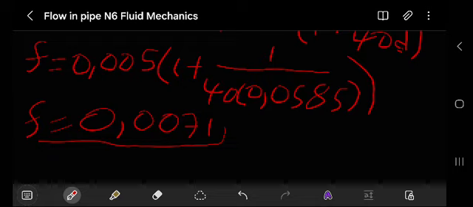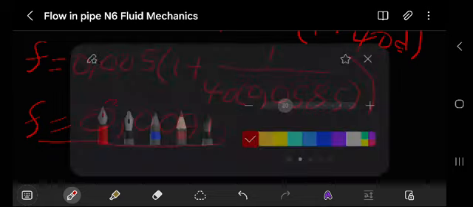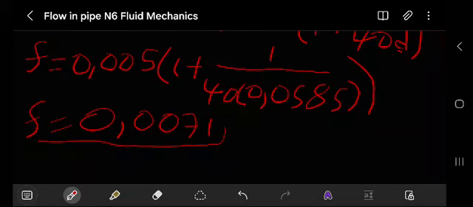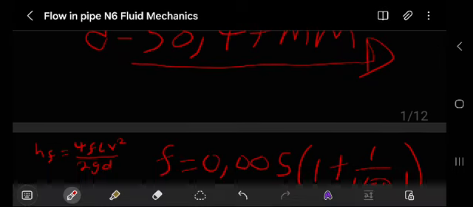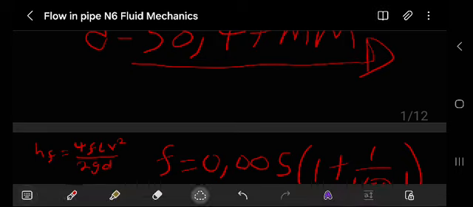Since we have the coefficient of friction, we can simply calculate our head loss due to friction. This is the formula we have to apply there.